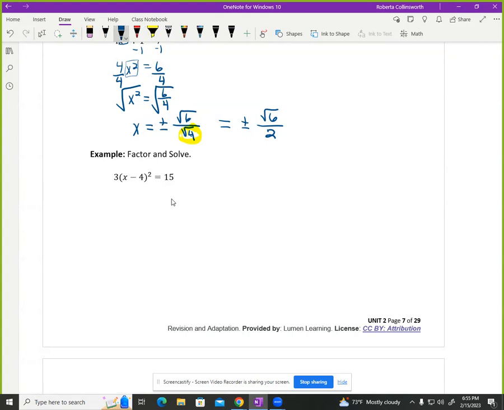Okay, so now I have 3 times the difference of x minus 4 squared equals 15. This is my squared part that I need to isolate right here. So I'm going to divide both sides by 3. And I get x minus 4 squared equals 5.